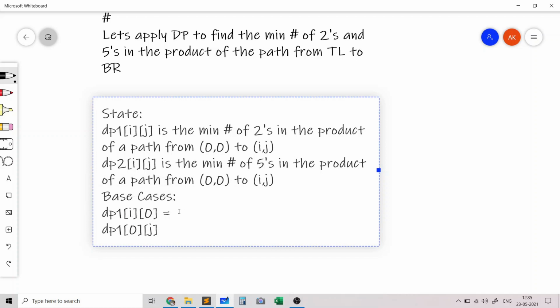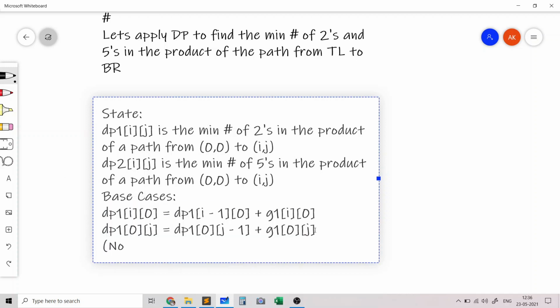So that's why dp1 i0 would just be dp1 i minus 1 0 plus the number of 2's in the current cell, and dp1 of 0j will be just dp1 of 0 j minus 1 plus the number of 2's in this current cell, and this is fixed, like there is no casework over here.